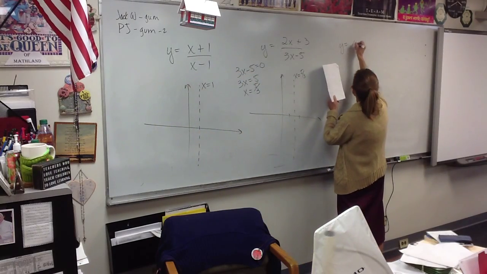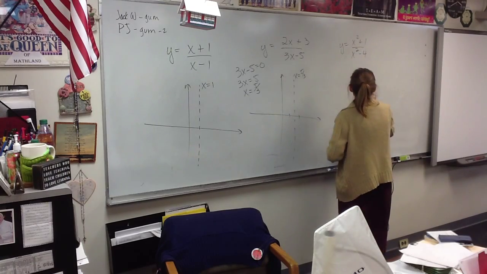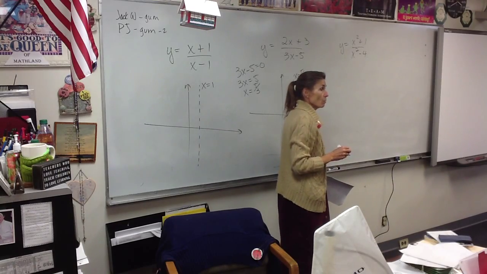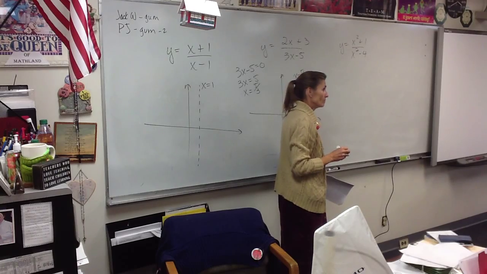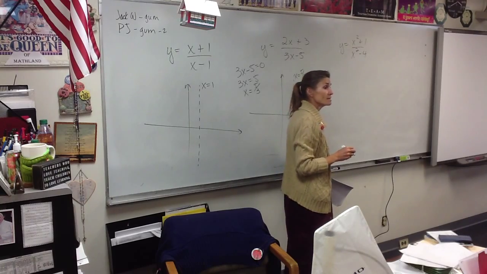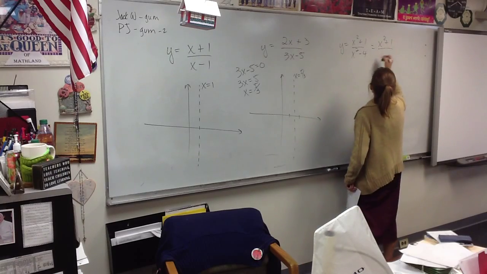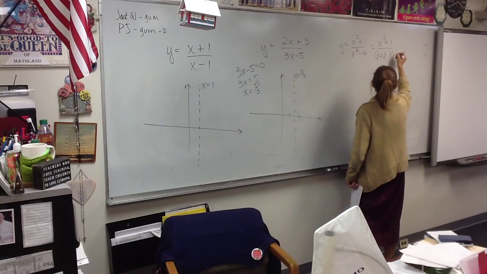Uh-oh. Look at this guy. What about that denominator, you guys? It's special. There's 2. There's 2 because the denominator factors. How does that factor, kids? X plus 2, x minus 2.